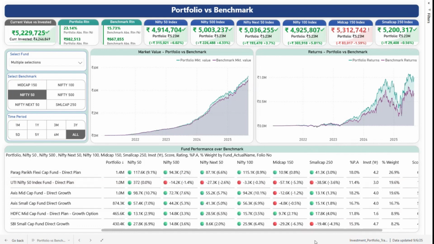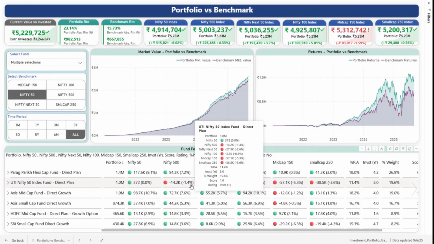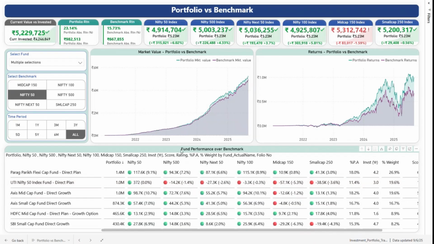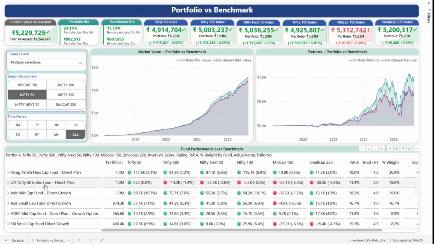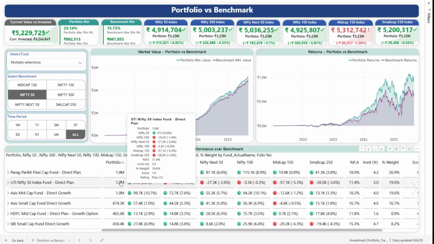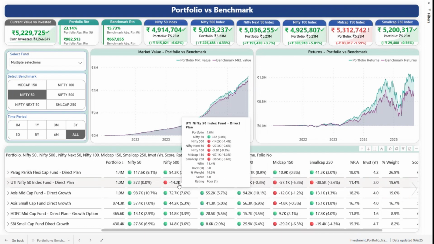How much it is not able to outperform is, let's say this one is 14,000 lesser compared to my current fund performance. So with 1 million in my current UTI Nifty 50 fund, if I had invested in Nifty 500, I might get 1 million plus this 14,000.